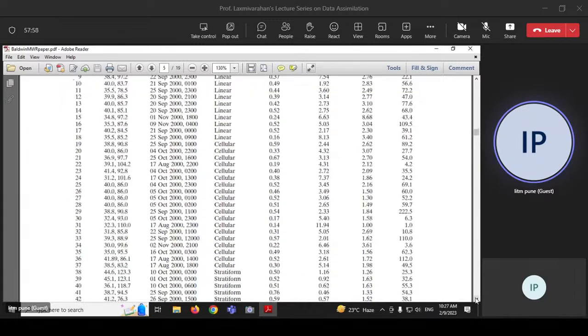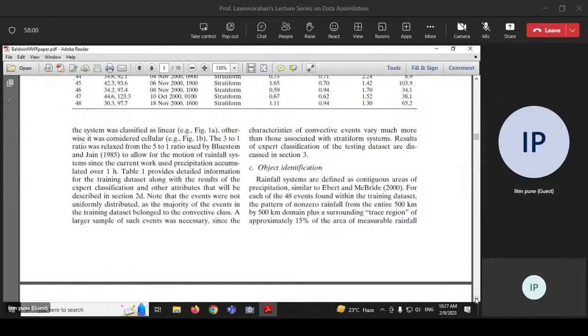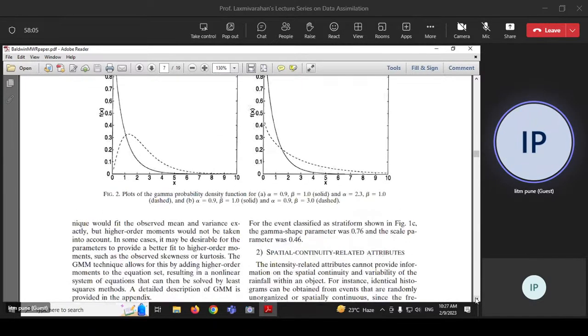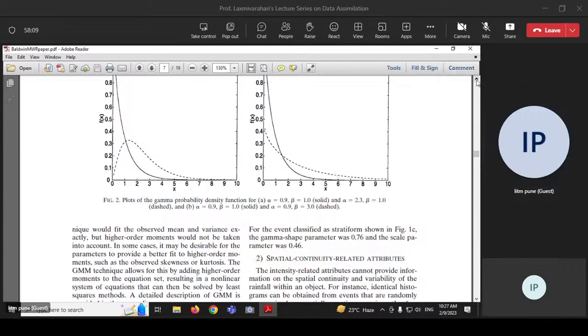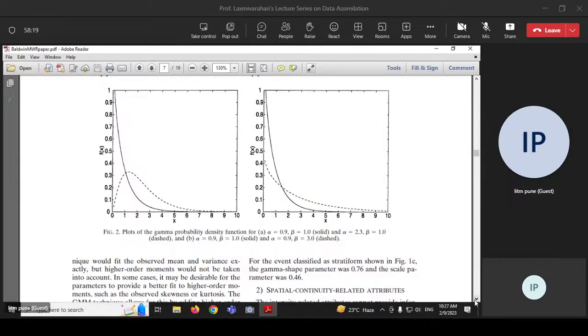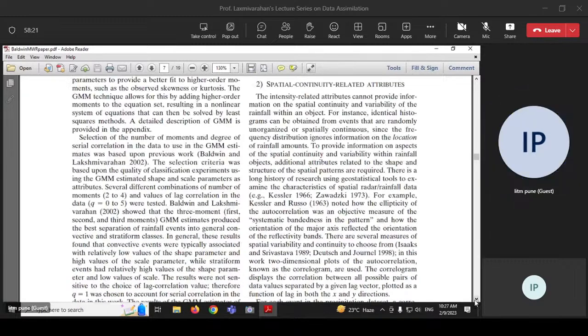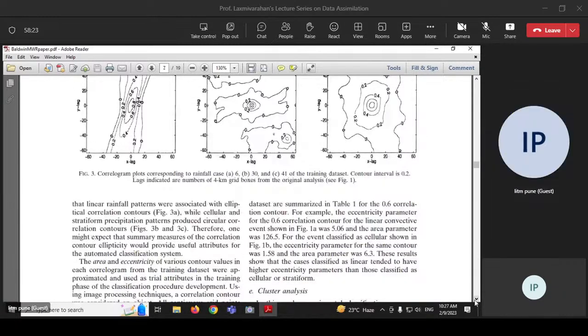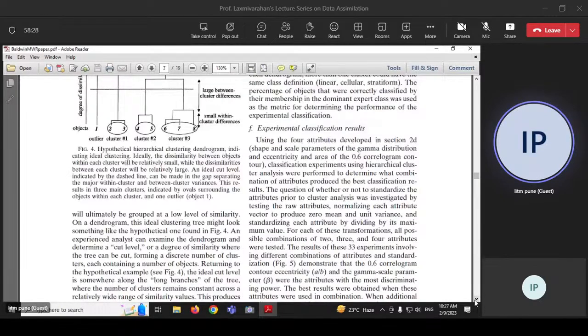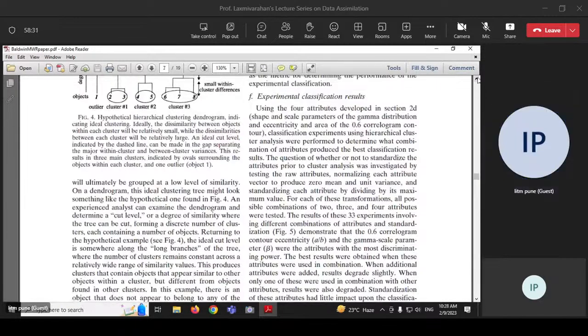So these are the data we used. These are the parameter values, the plots of gamma probability density. Let me go back a little bit further. These are the plots of the gamma probability. And again, we did the clustering.